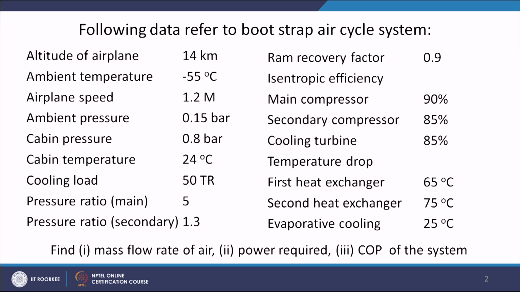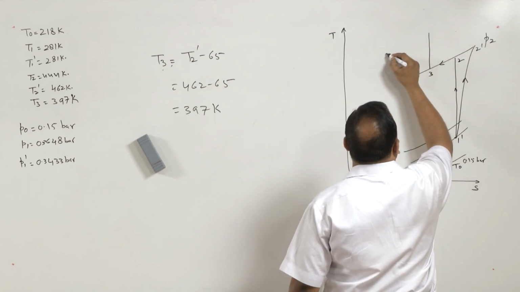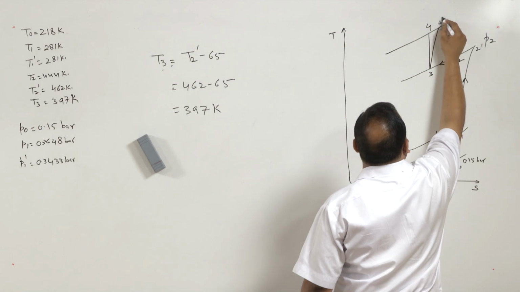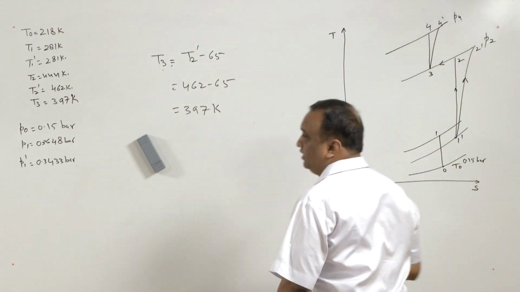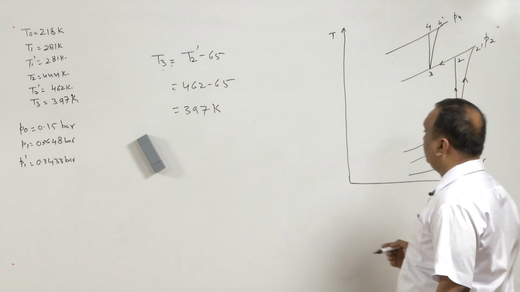Now, again compression takes place in the second compressor, and the second compressor has an efficiency of 85%. This is 4 and again 4 dash, and this is the second compressor, let us say P4. In both the states the pressure is the same, but the temperature is different.